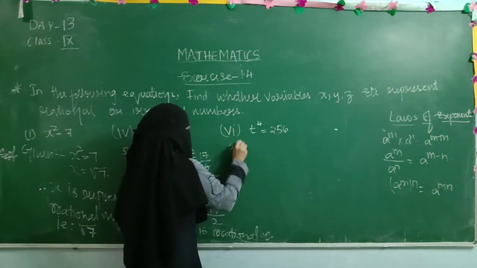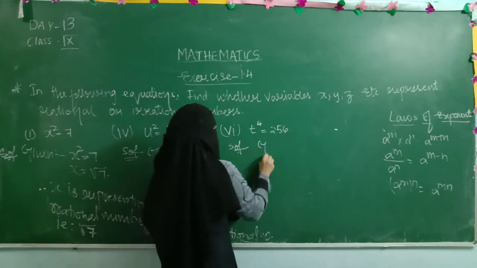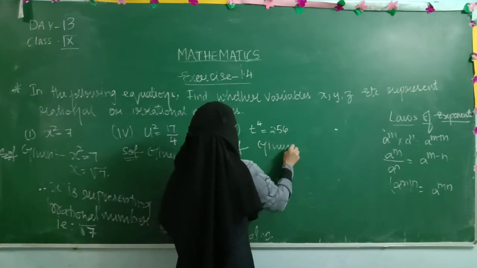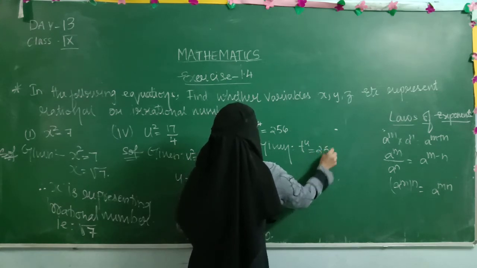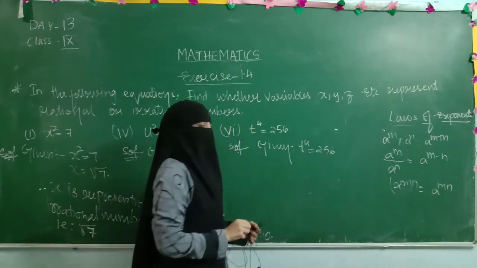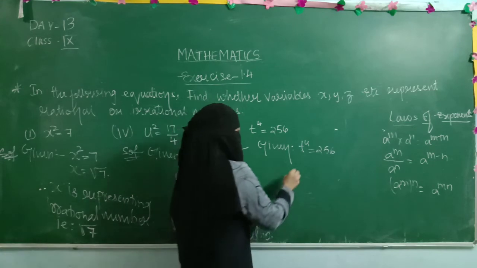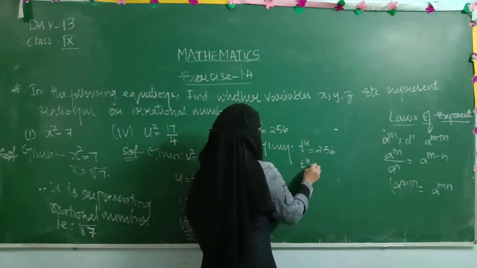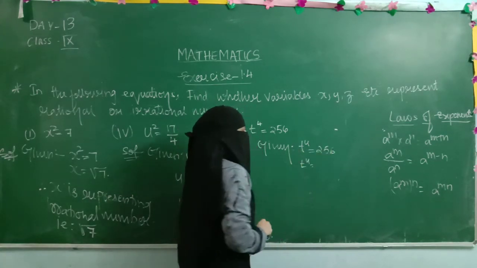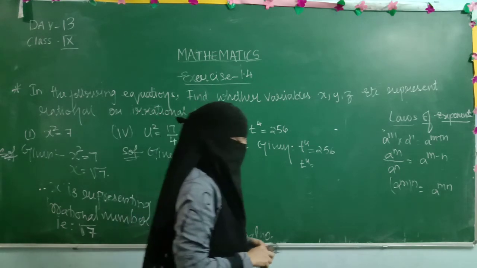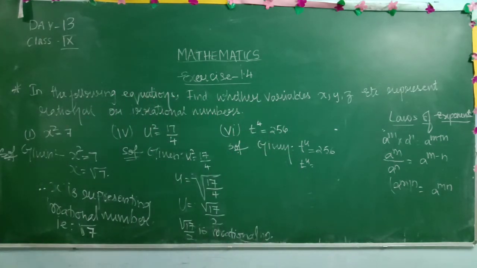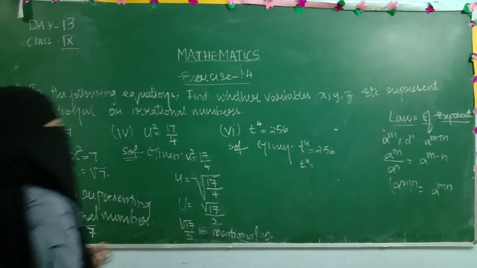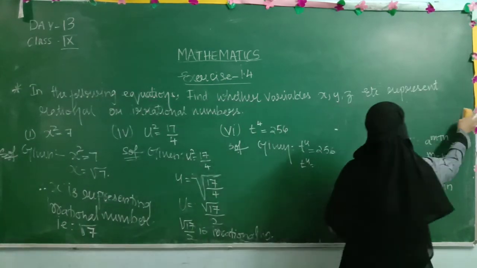Solution. Again we need to write the given: t to the power of 4 equals 256. Now we are going to take out the LCM of 256. You know how to do that?